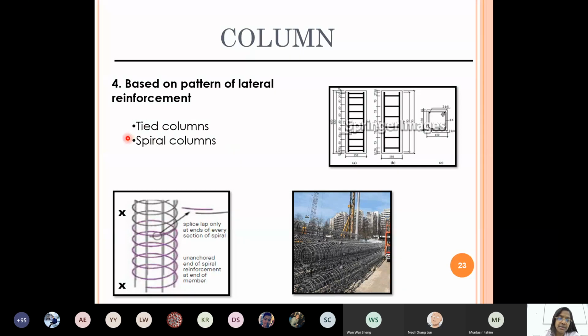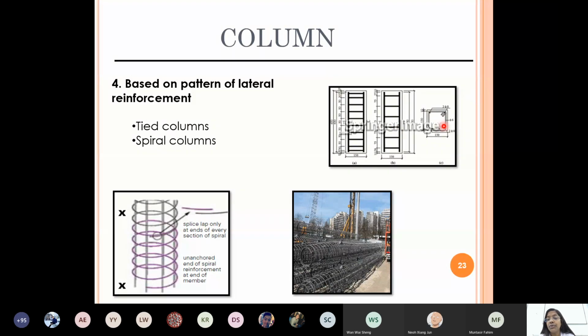Tied columns, all ties connectors, and then sometimes it may be a spiral column. Let's see this one. You can see here the reinforcement is just the horizontal, and this is the main and this is the secondary, the horizontal and vertical. You are seeing this as a plan view. This is the column, right? This is the elevation view, this is the plan view.